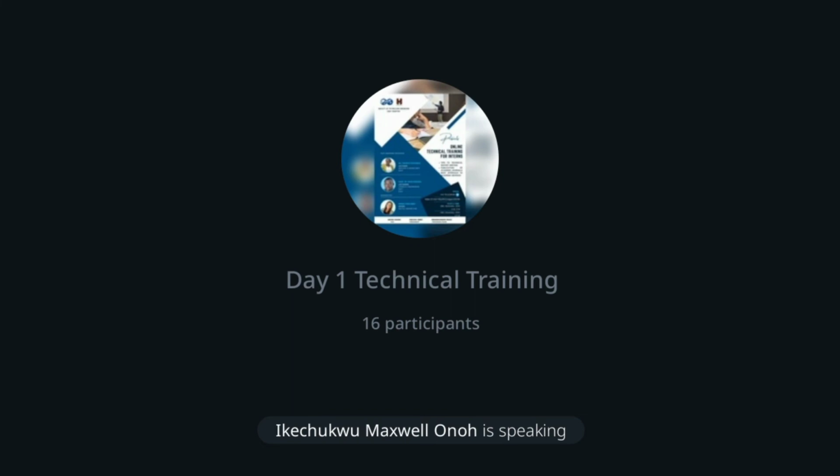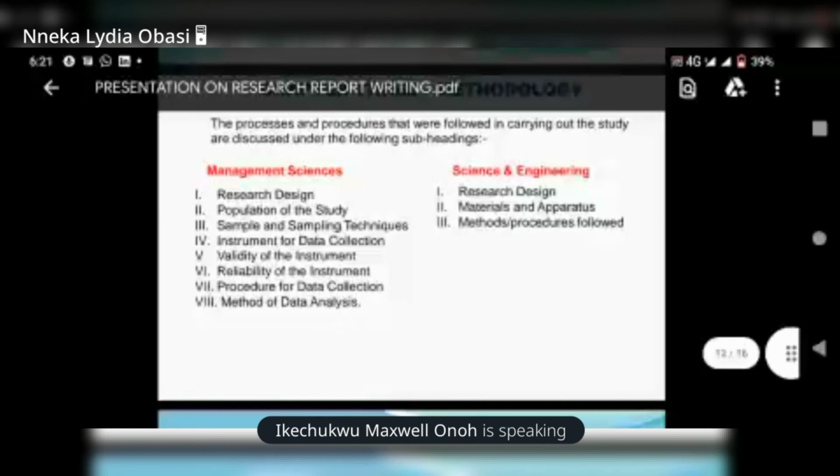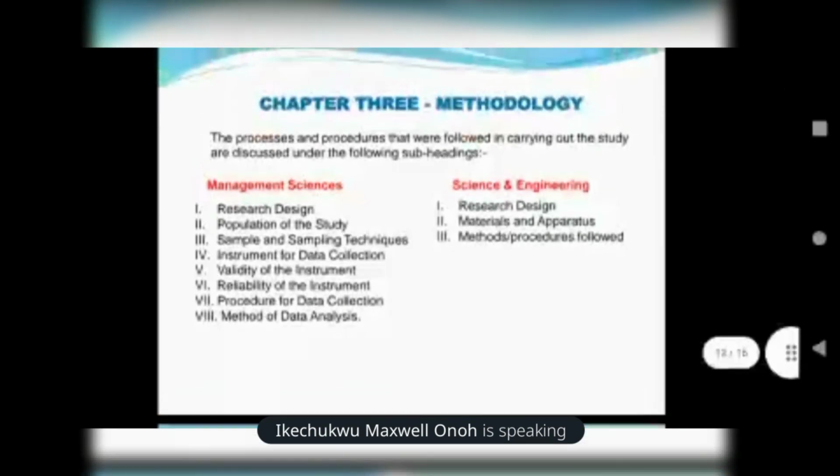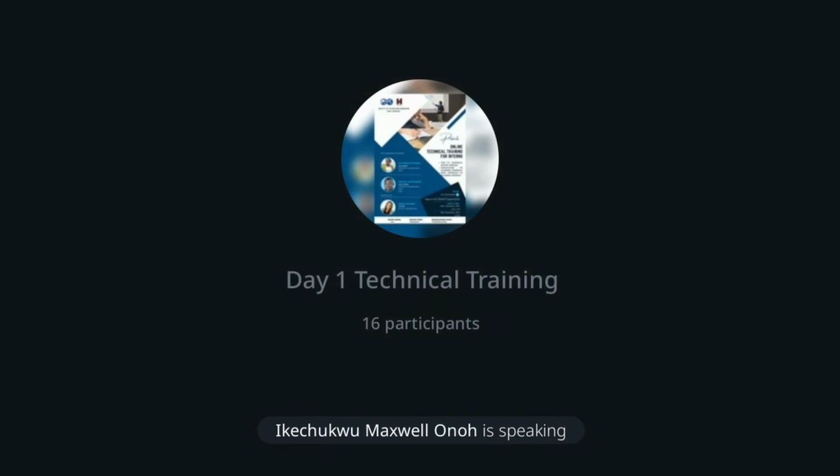Or we have year 1 students, year 2, year 3, year 4, and final year students. Summing them together is the population of the study, so we may say students of the engineering faculty. But when we go down to sampling and sampling techniques, we may say year 2 students, and now we are beginning to narrow it down.